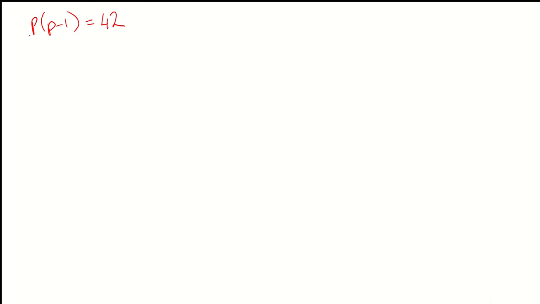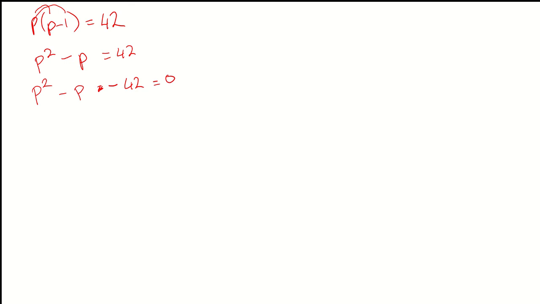So expanding the brackets out, P times P is P squared, minus P times 1 is P, equals 42. And now I'm going to move the 42 over. So P squared minus P minus 42 is equal to 0.